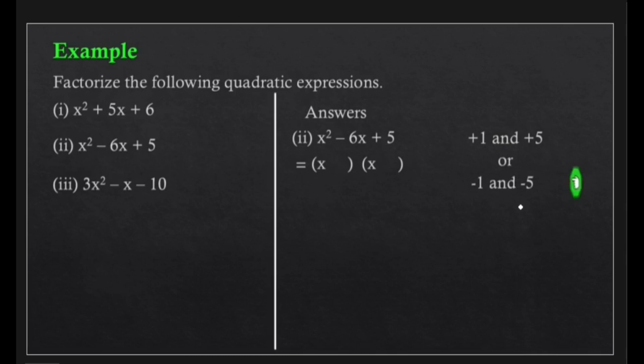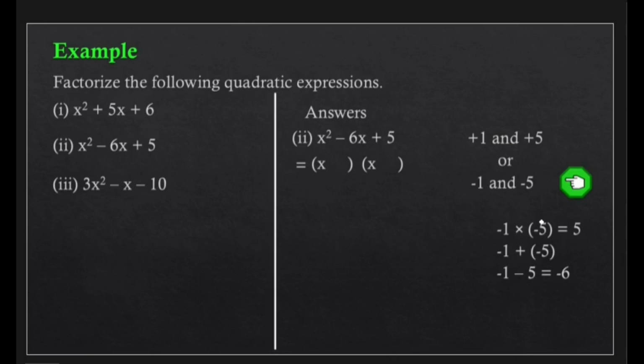So these are the only possibilities, positive 1 and positive 5, or negative 1 and negative 5. But what works is this, because if we say negative 1 times negative 5, we get positive 5, and also negative 1 plus negative 5, which means negative 1 minus 5, will give us negative 6.